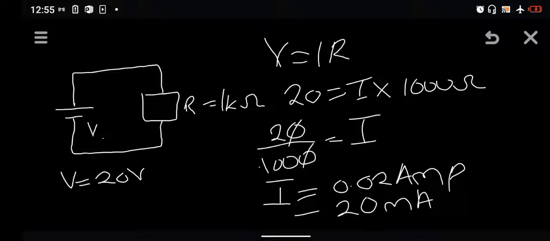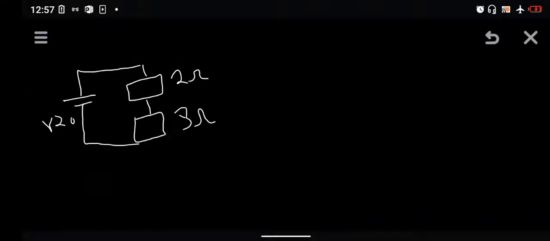So let's see other examples of Ohm's law now. This is another example of the same ideology. Now there's a 20 volt source, a 2 kilo ohm resistor and a 3 kilo ohm resistor. Let's find the current flowing in the circuit.